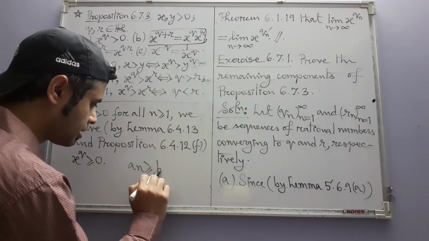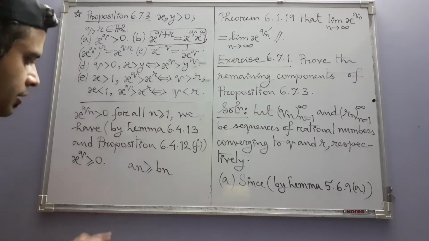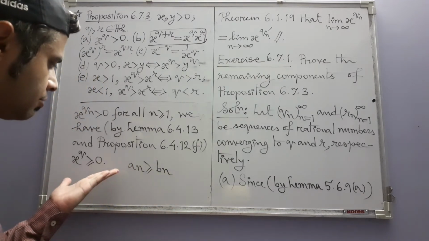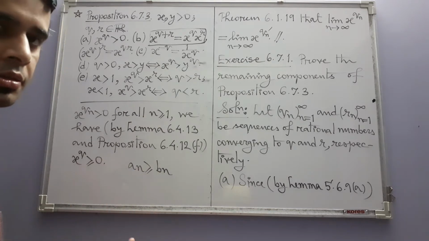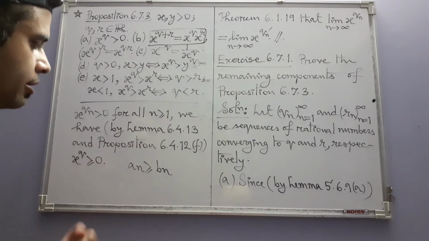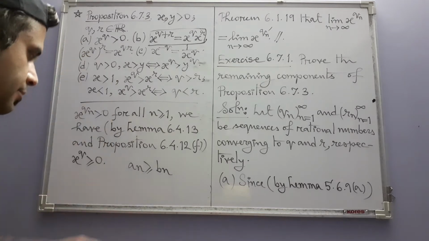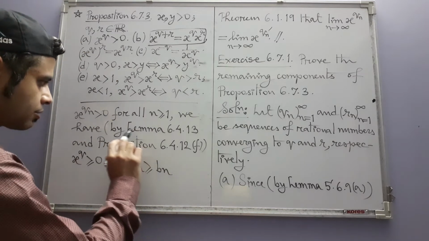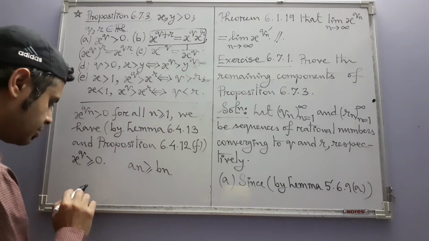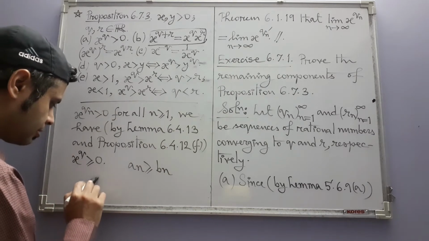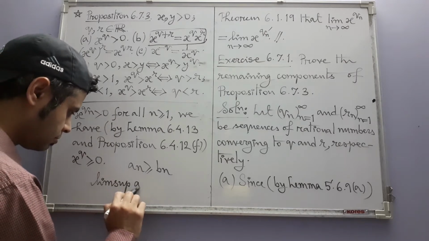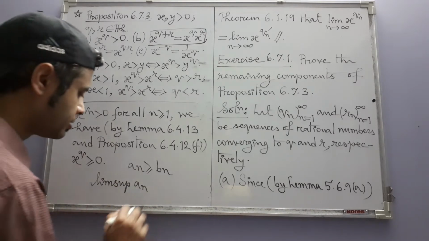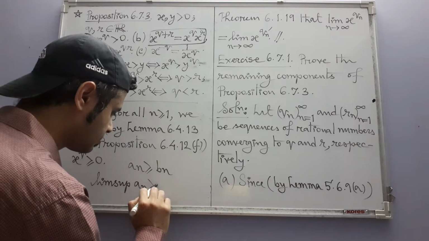Now, there are two sequences of real numbers an and bn where the nth terms behave like this. Okay, they are related like this. Then the comparison principle says that, let's say we consider the limit superiors.